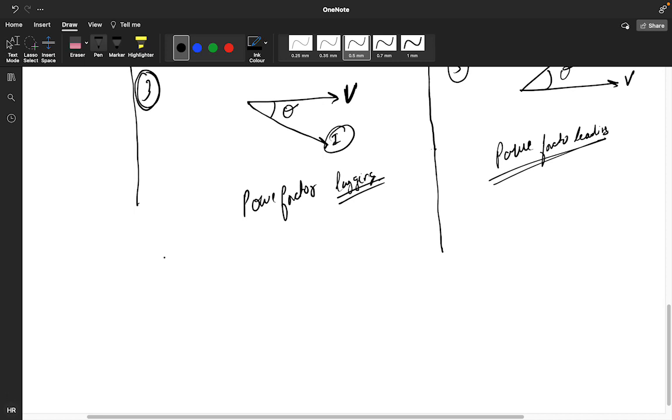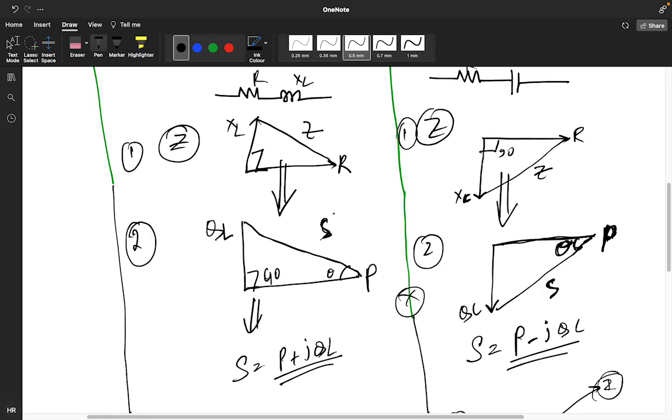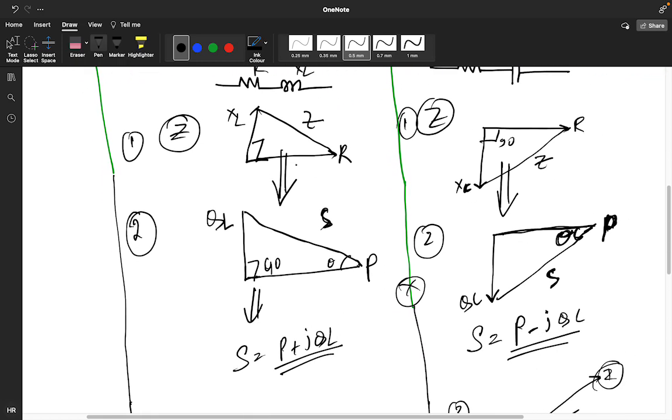What is the power factor in your RL and RC network? That is cos theta. You can substitute cos theta from any triangle, base by hypotenuse.